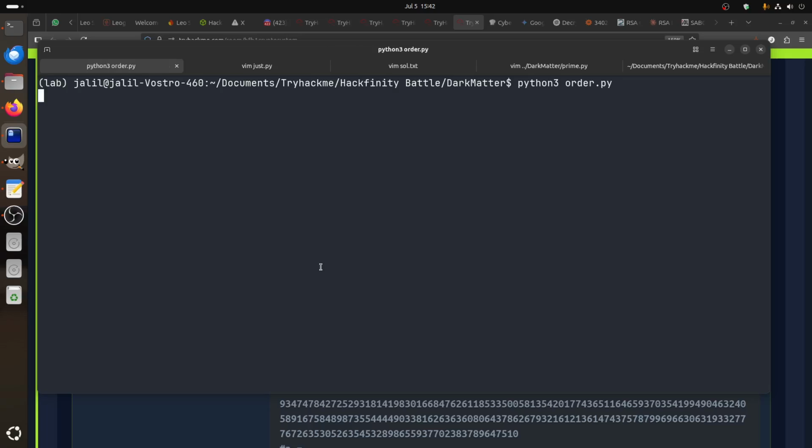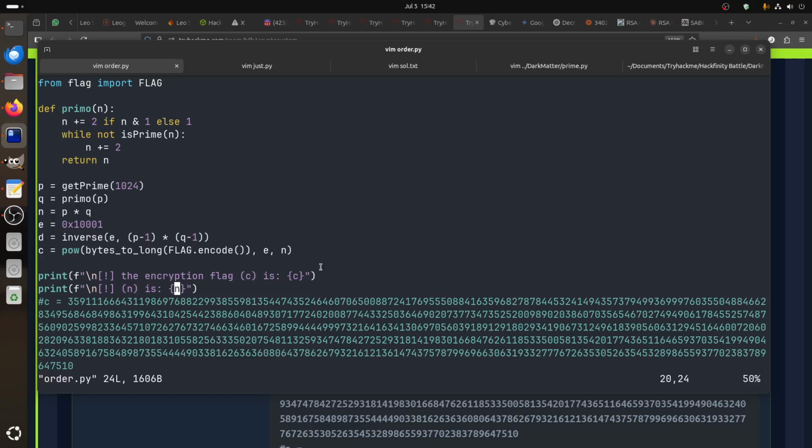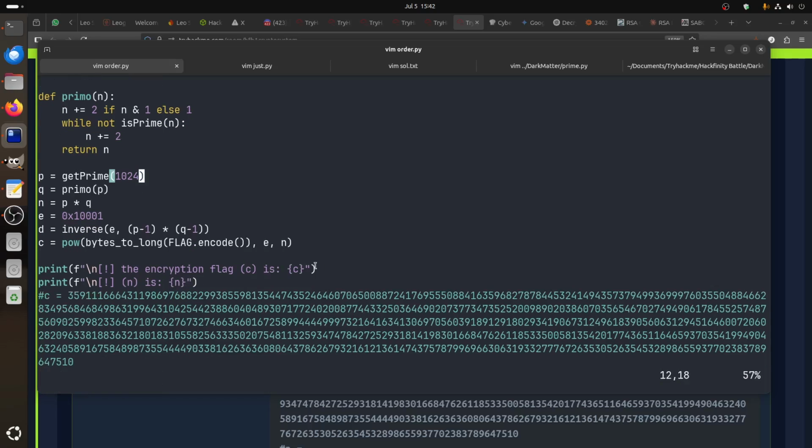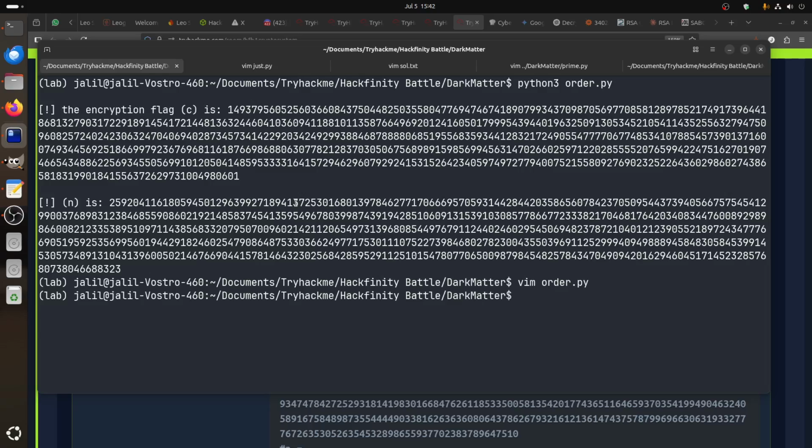For example, this is the original file. Remember this one, this is the TryHackMe file. If you go there, let's make it bigger. In my case, it worked because I put the flag in a file, the original flag.py.